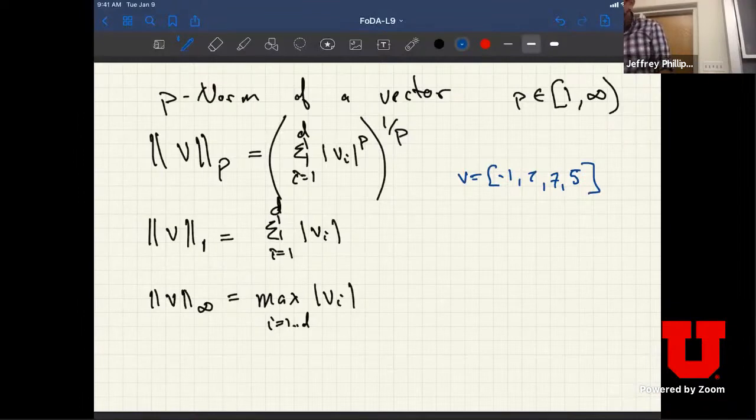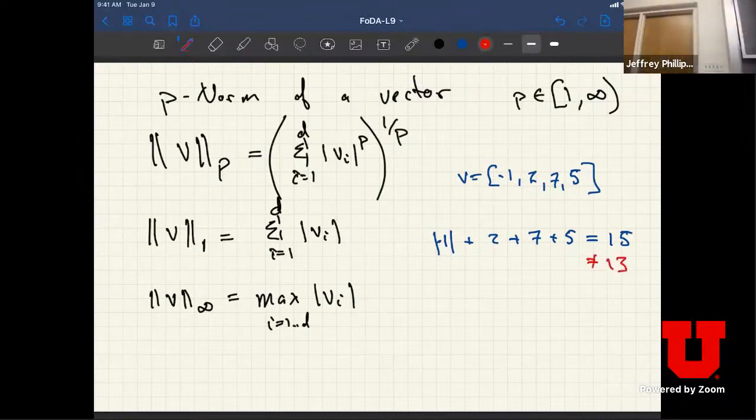This is the absolute value of -1, and I'll skip the absolute value for the other terms, +2, +7, +5. So this should be 15. This is not equal to 13.